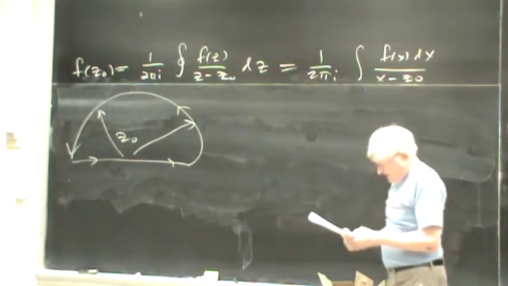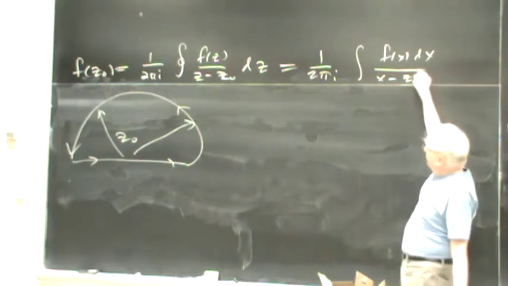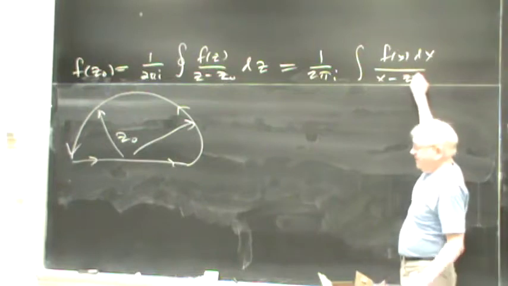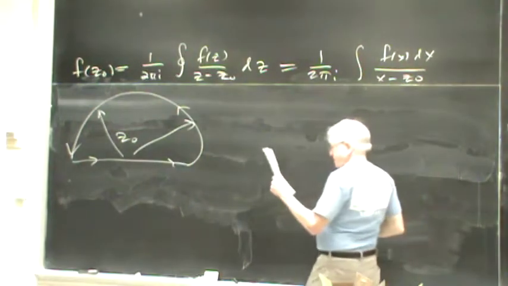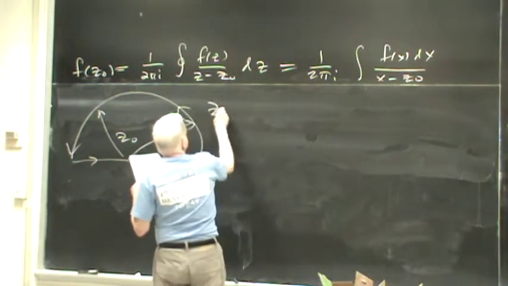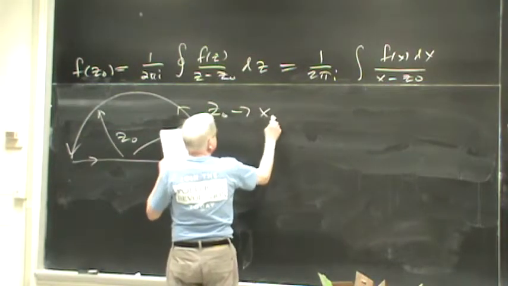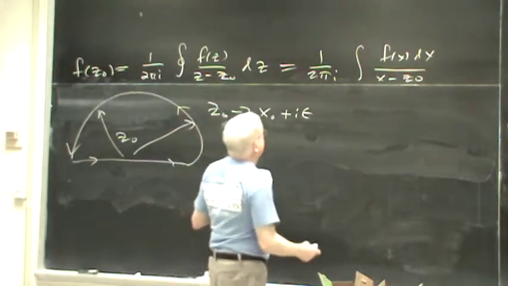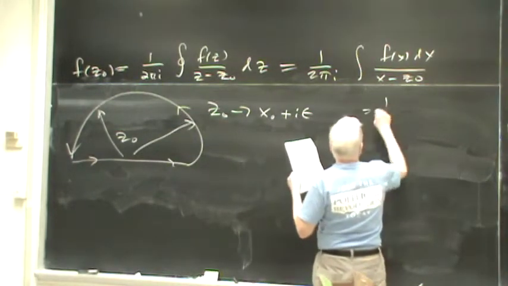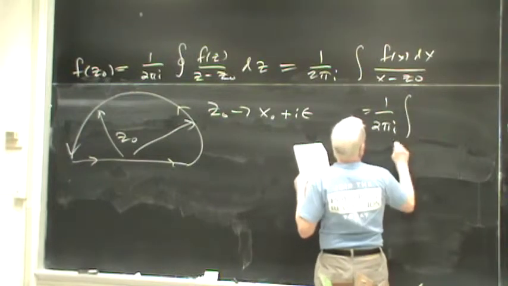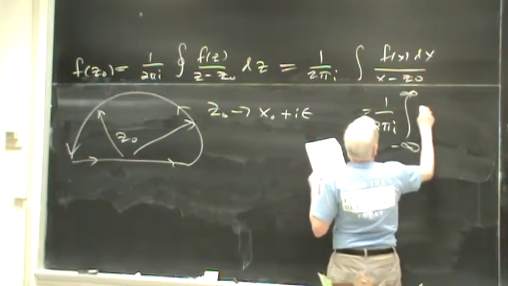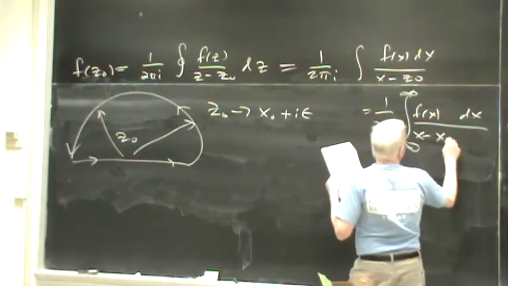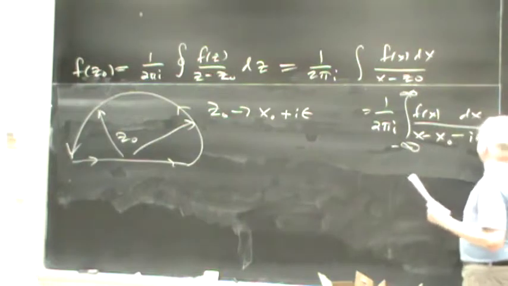And now we let z0 go to x0 plus I epsilon, and then this thing becomes 1 over 2 pi I integral minus infinity to plus infinity f of x dx over x minus x0 minus I epsilon.